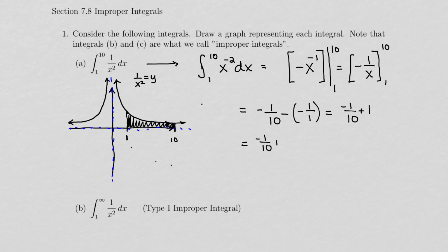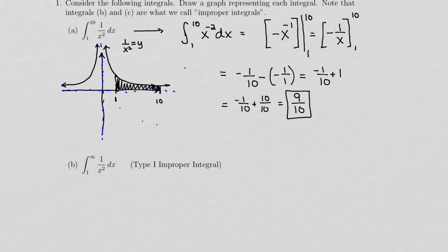Negative 1/10 plus 10 over 10, which is just 9 over 10. And so we would say that the area under the curve, 1 over x squared from 1 to 10, is actually 9/10 of a square unit. Anybody have questions on that piece? That's normal. We've done those before. In fact, that's a simple integral.